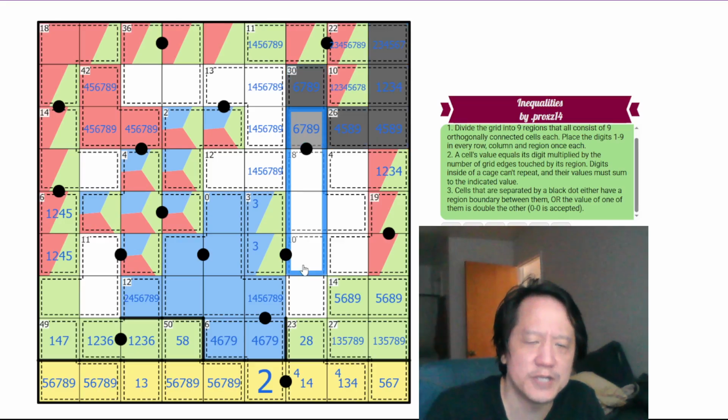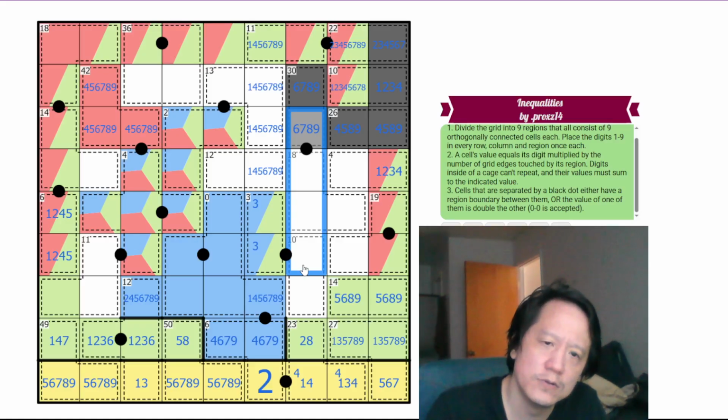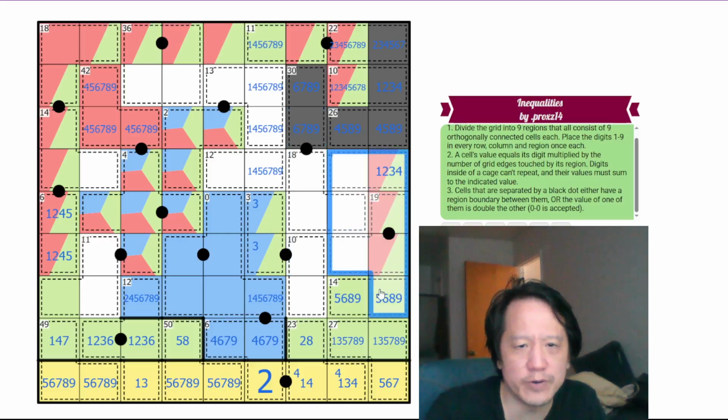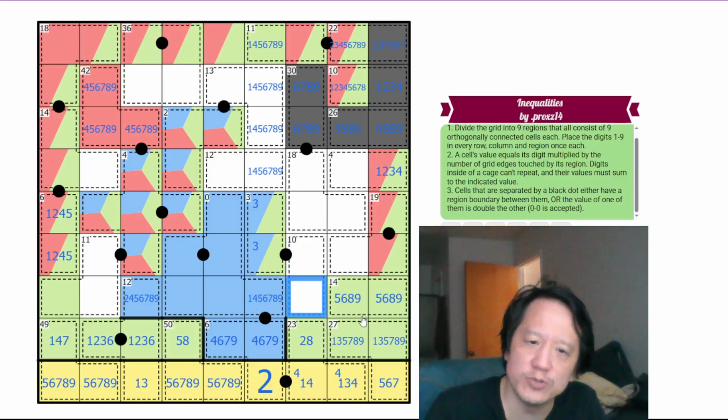So can this ever be doubled here? I think the answer to that is no. If we try to go double this way, all 3 of these cells have to be part of a singular region. This is 0, but you could have a 0 there, technically. So double, double, double. And how many... This could be 0.